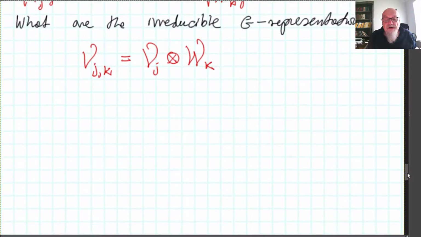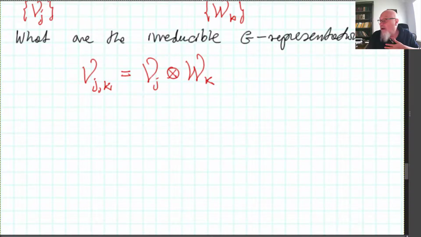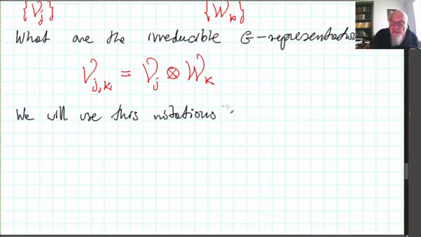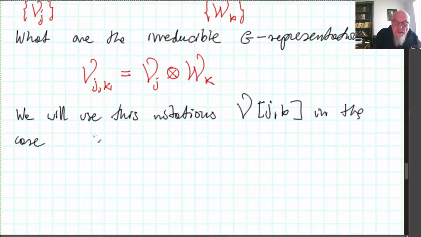We will be using this notation in the case when we will be studying the representations of groups of the type, with the two indices J and K, when our group G is equal to gamma times O2.